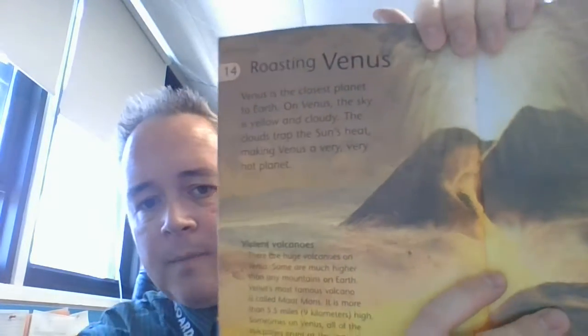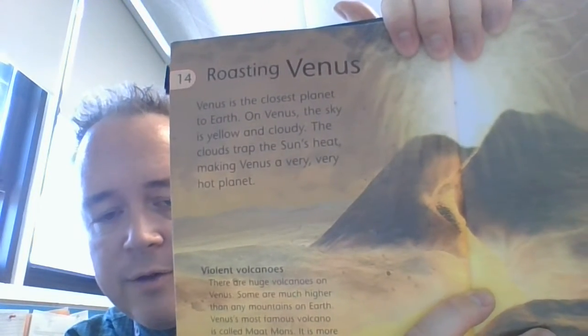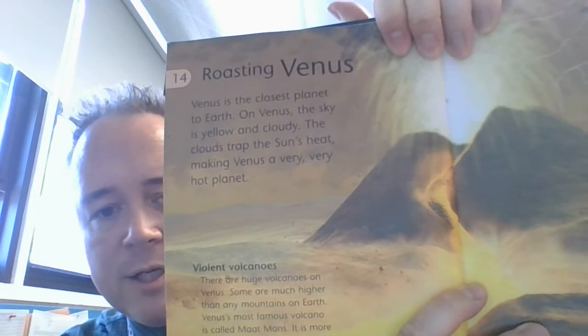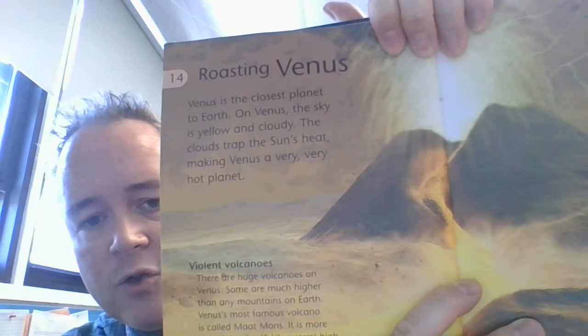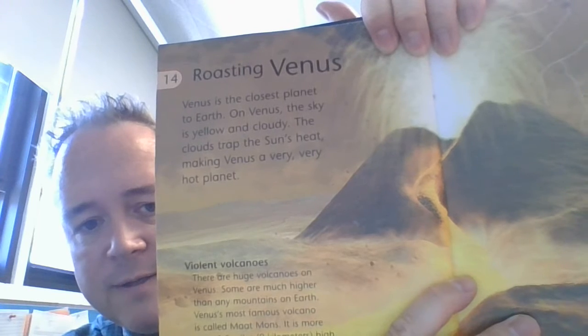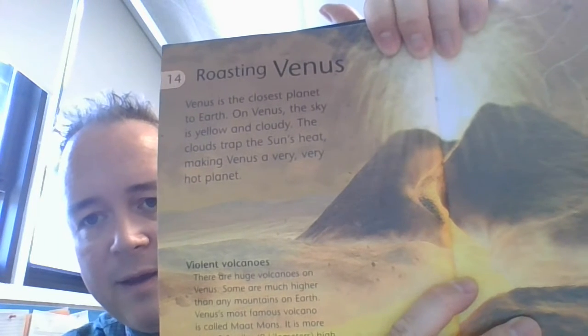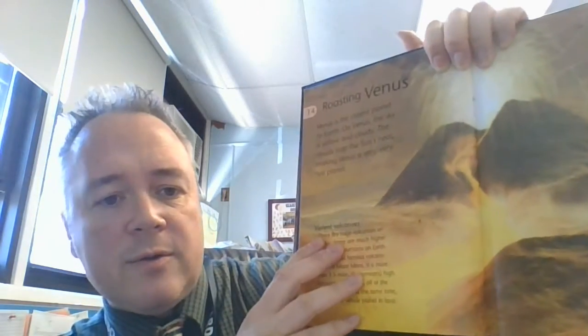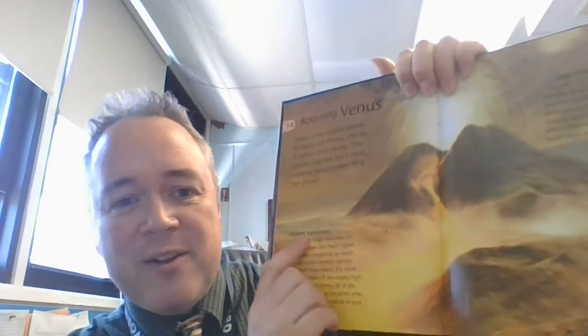Roasting Venus. Venus is the closest planet to Earth. On Venus, the sky is yellow and cloudy. That's still not a change. The clouds trap the sun's heat, making Venus a very, very hot planet. We might be getting there now. Violent Volcanoes. This subtitle here, that's another text feature, tells me that this part is about volcanoes.